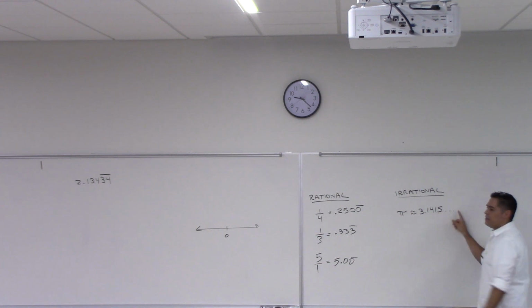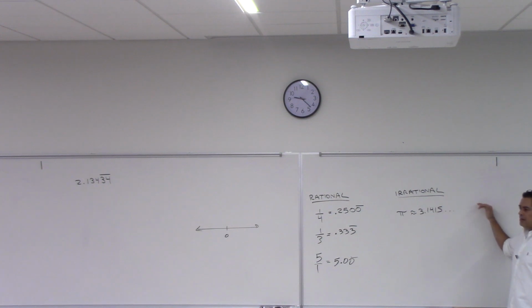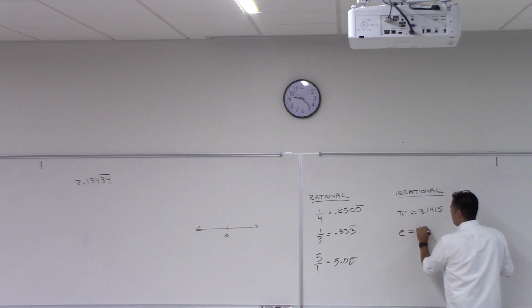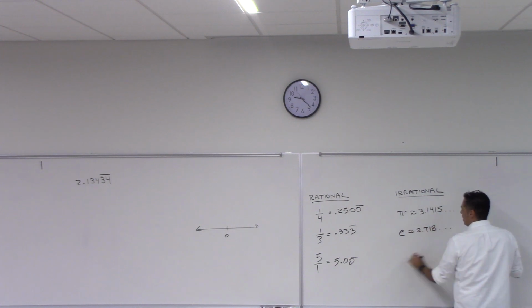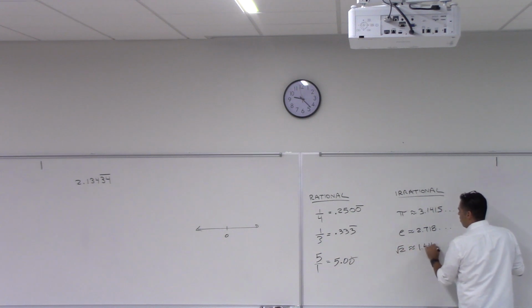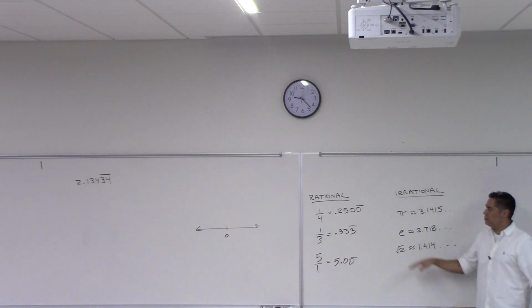And that goes on forever, but see, there's no pattern to it. It just keeps going, but it never has any sort of pattern where you can put a bar over it. Other examples: e is about 2.718, and it keeps going. Square root of 2 is irrational, 1.414. So these are all your irrational numbers, and these are all your rationals.